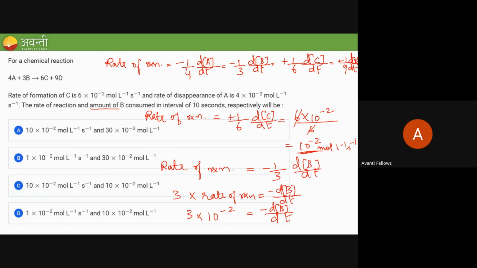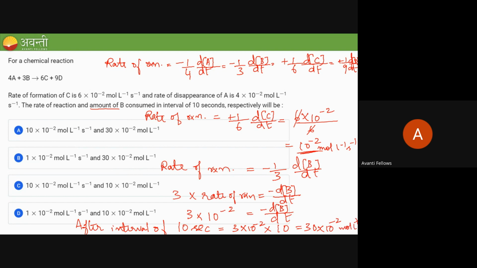Now after an interval of 10 seconds, it will be equal to 3 into 10 power minus 2 into 10. So it will be equal to 30 into 10 power minus 2 mole per liter.